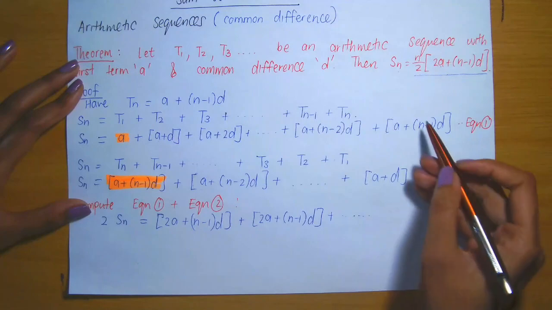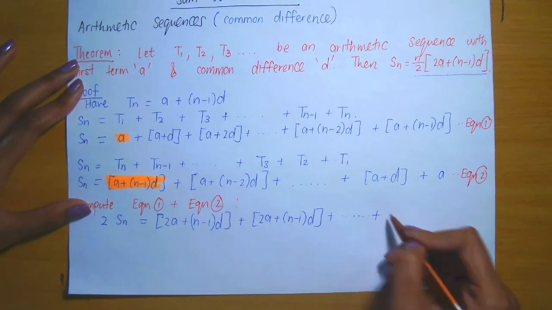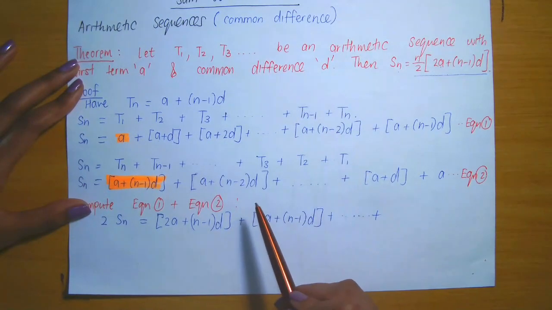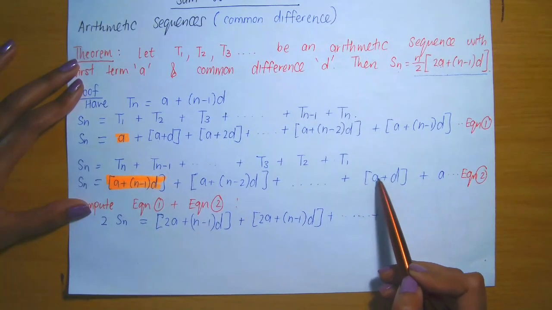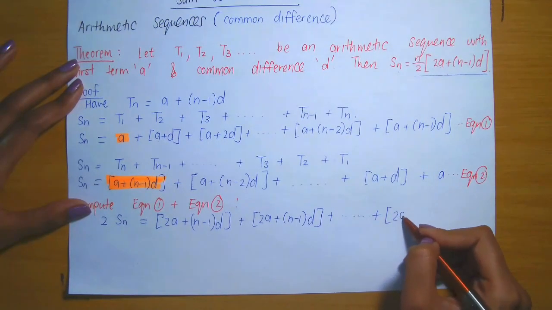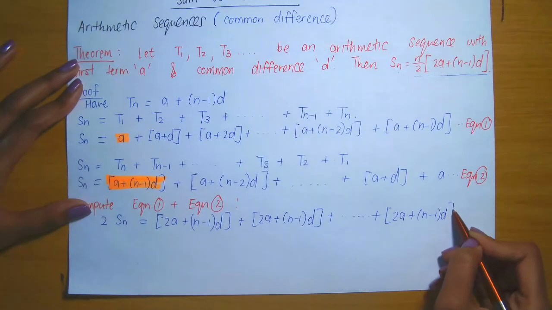So before we get to the last term on the right-hand side of each of these equations, let's add the second last terms. So I'm going to add the second last term, which is a plus n minus 2 times d, being added to the second last term on the right-hand side of equation 2, which is a plus d. And once again, observe that I get 2a plus n minus 1 times d.